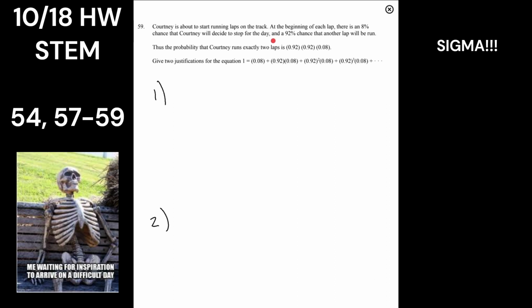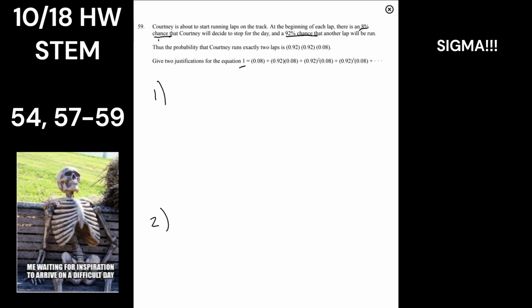Anyways, Courtney has an 8% chance of stopping running, but 92% chance it's going to keep going. And the question's asking to give two justifications for the equation to equal 1. The first justification is a complete philosophical one.